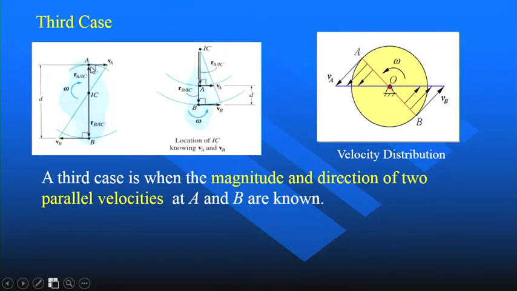And the velocities VA and VB are proportional to the radius.